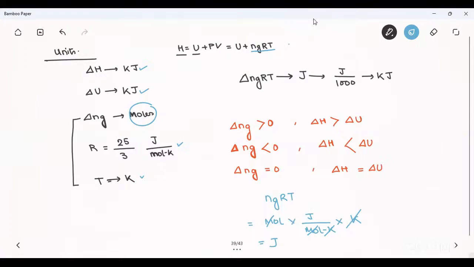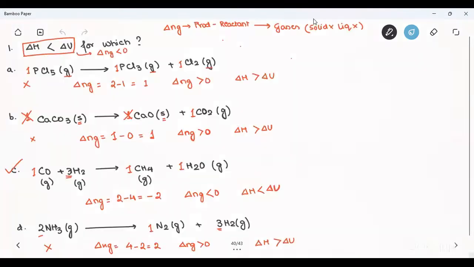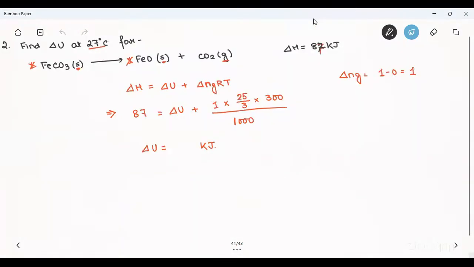Yes, ma'am. Okay. So for every question, for here also, this is given in kilojoules. So I have this in joule, this in joule, so we divided it by 1000. So ultimately it has become kilojoules, and this is also kilojoule. So kilojoule to kilojoule.